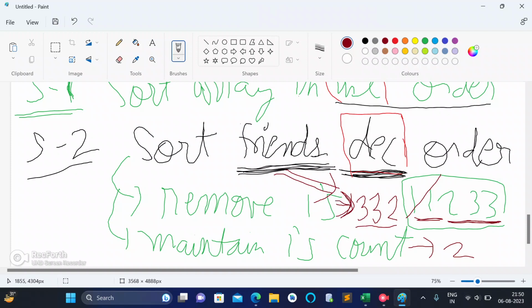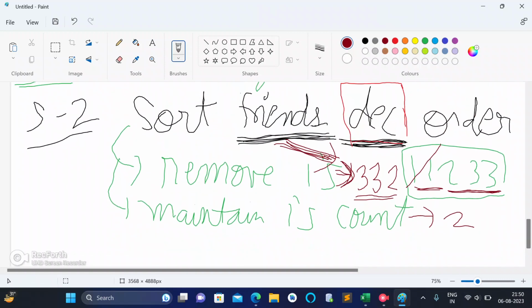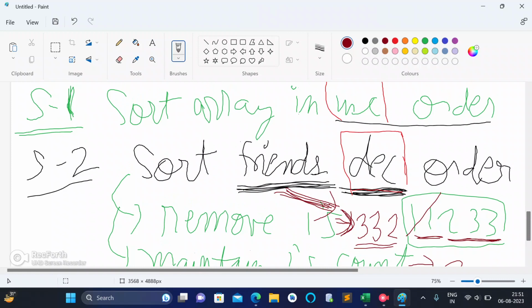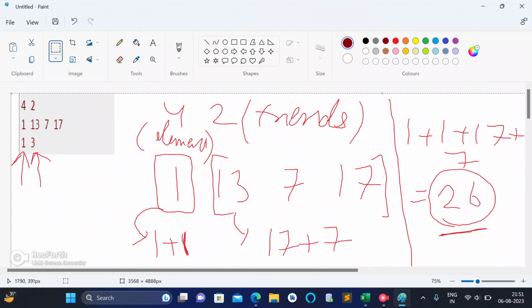I am calling this array, 3 3 2, my friends array, and the number of ones left is the maintained ones count, that is 2. So these 3 things are available to me now.